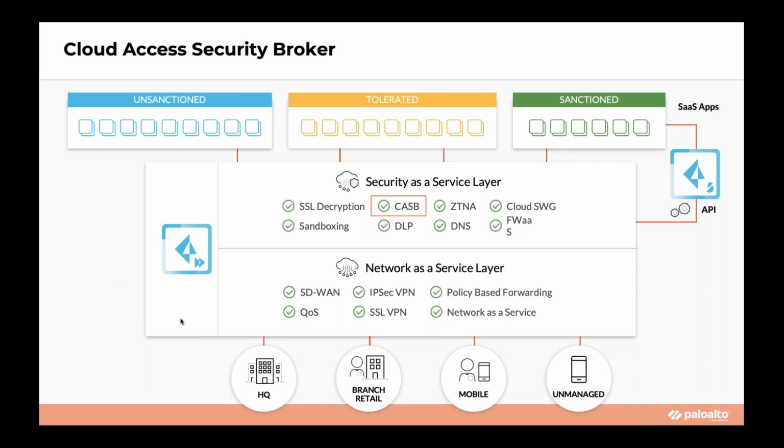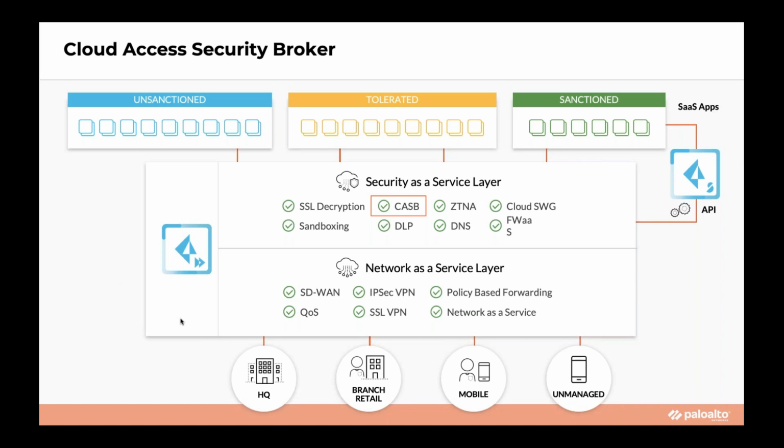So the thing you see on the right hand side, the API over there, we can use Prisma SaaS and use APIs to connect, for example, to Box to see if there are any threats inside, maybe malicious files inside Box or Dropbox or Office 365, or if there's any confidential information that's being shared that should not be shared with the outside world. So that's what we can do with Prisma SaaS, but that's a different product, of course. It's the combination of the two that makes it very interesting.